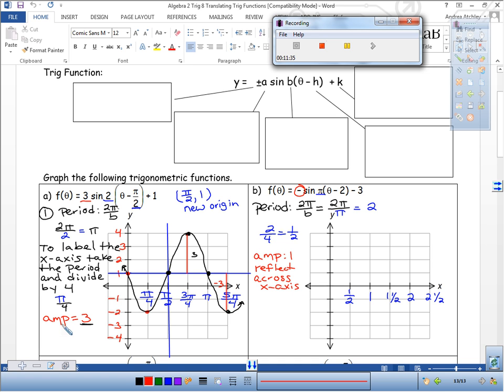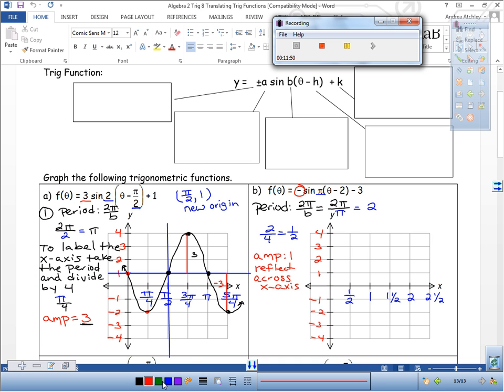Any questions over that? So we're going to just count by 1s for the amplitude then. Any questions over that?